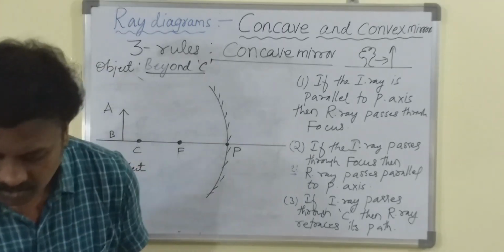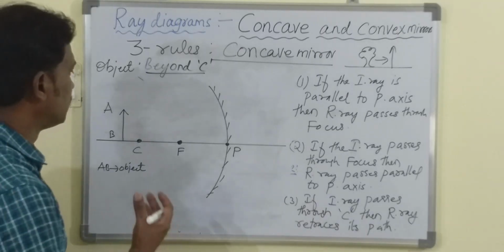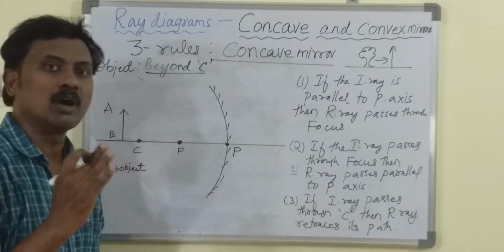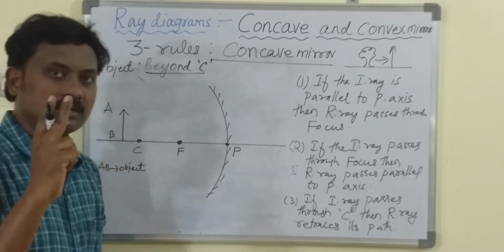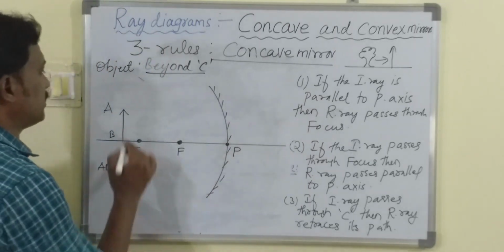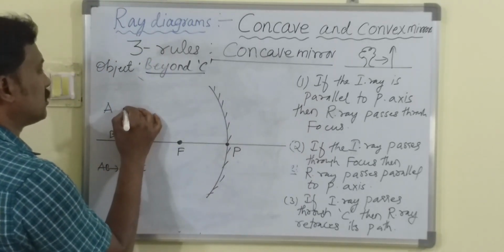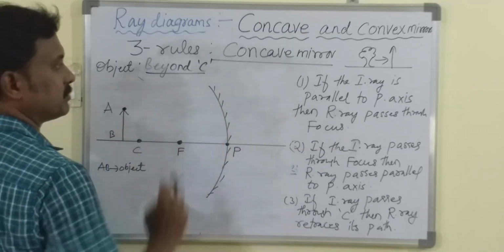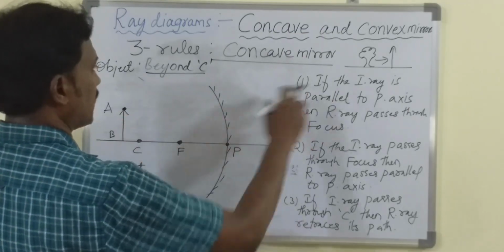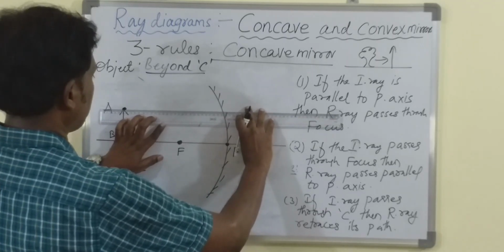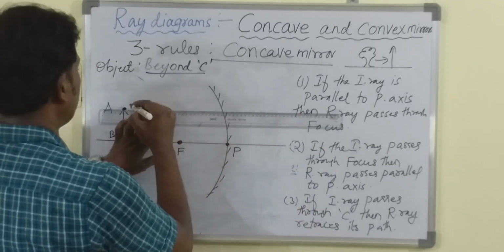Now, how do you get the image now? From the object, you have to draw two light rays, two incident light rays. Now, the first light ray, I am going to start from the top part, that is this particular part, and I am going to use the first rule here. That is, if the light ray is parallel, so I am going to draw a parallel beam of light rays to the principal axis.